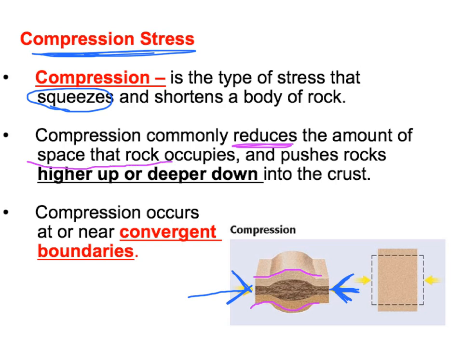So sometimes it pushes it up or moves it deeper down into the crust. And as you should hopefully have thought about already, this squeezing force happens at a convergent boundary, where you have two lithospheric plates pushing against each other. It's a squeezing action.